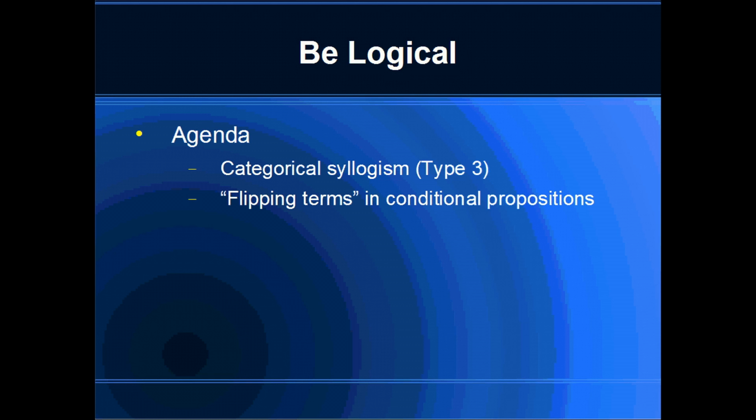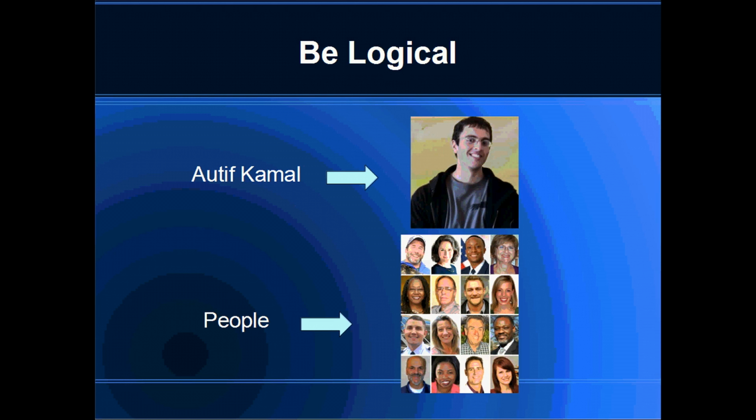A proposition is called categorical because the terms it consists of reflect categories. For example, Autif Kamal is not a category. It refers to exactly one specific person, me. Whereas people is a category, because it does not refer to one particular person. It could refer to any person.